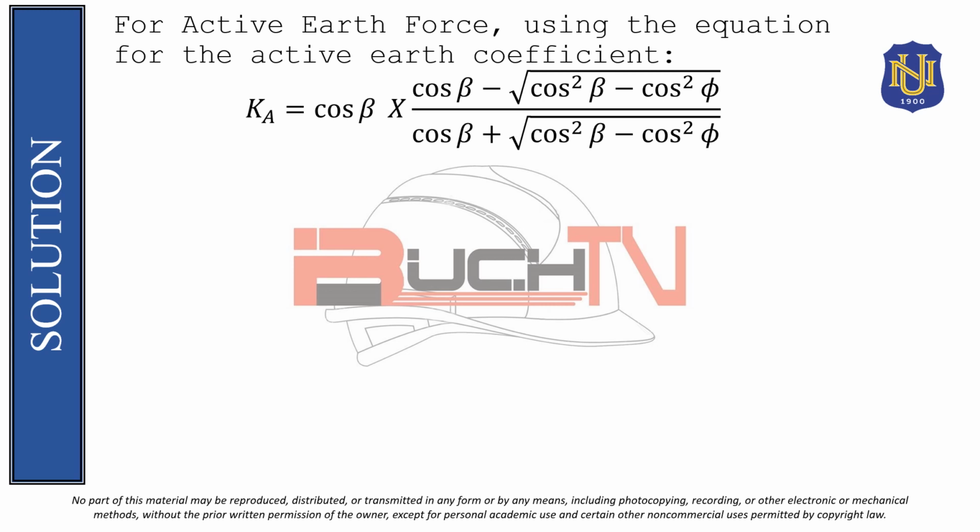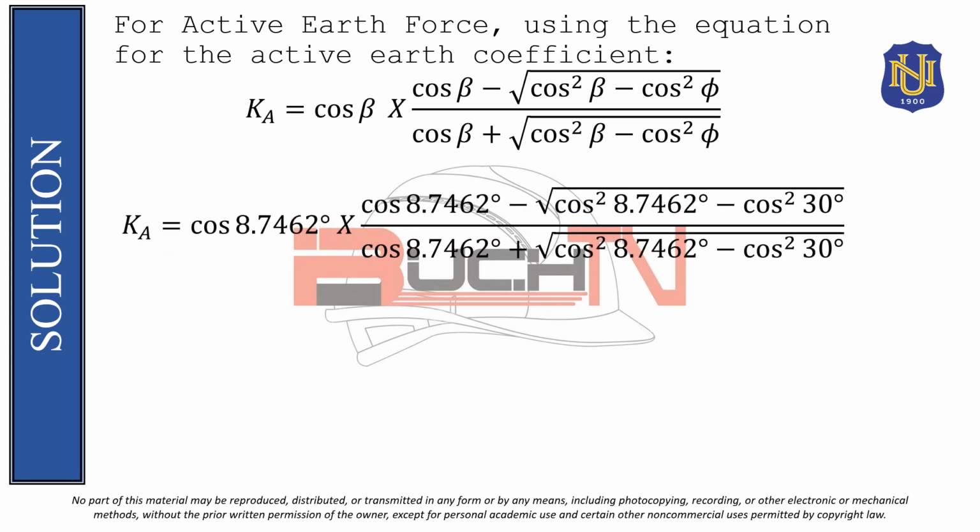Substituting the value of beta that we got from the ratio rise is to run, and the given 30 degrees, we will have cosine of 8.7462 degrees times cosine of 8.7462 degrees minus square root of cosine squared of 8.7462 degrees minus cosine squared of 30 degrees, divided by cosine of 8.7462 degrees plus square root of cosine squared 8.7462 degrees minus cosine squared of 30 degrees.